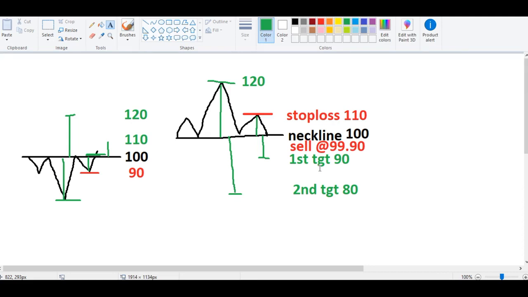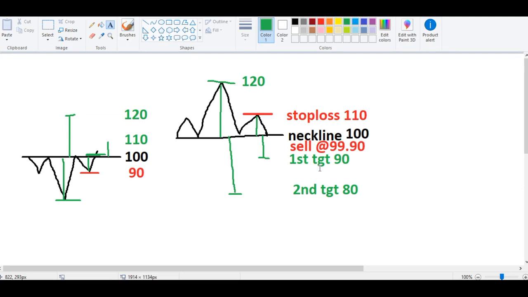So the higher the time frame, the longer it will take to achieve the target. Sometimes it happens very quickly, but we have to keep that in mind. So if you're trading on the higher time frames, make sure your trades will be positional trades, and not intraday. If you want to play these intraday, you can go on the 5-minute, the 15-minute, or hourly time frames and trade this price pattern intraday.